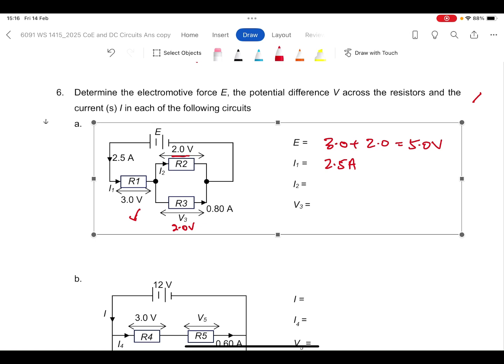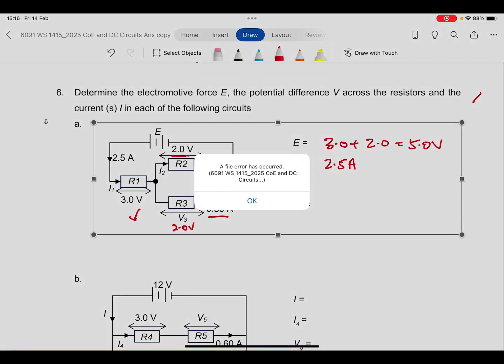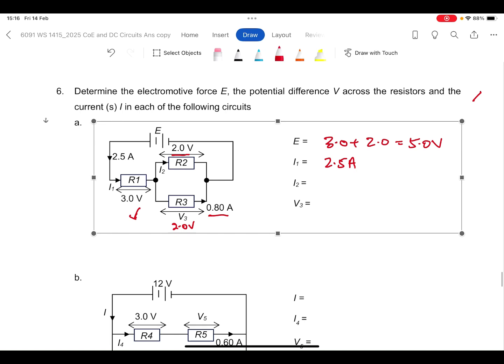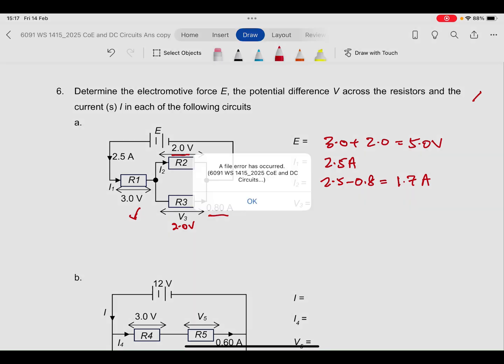Since you are told that the second branch is 0.8 amperes, I2 must be I1 minus 0.8, which is 2.5 minus 0.8, giving you 1.7 amperes, 2 SF, so you can remain as 1.7.